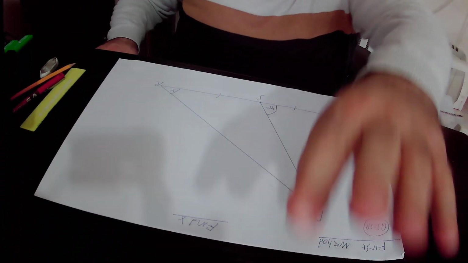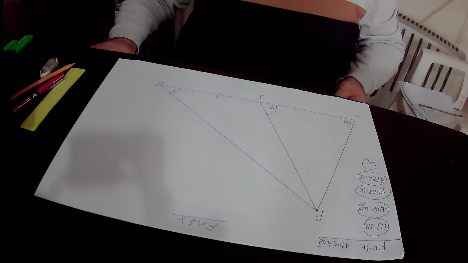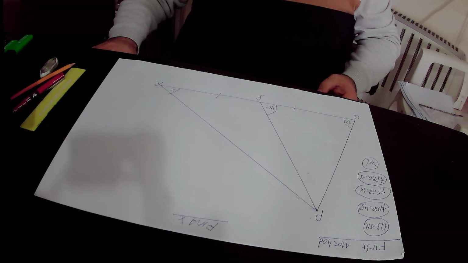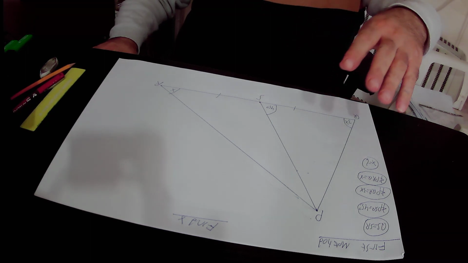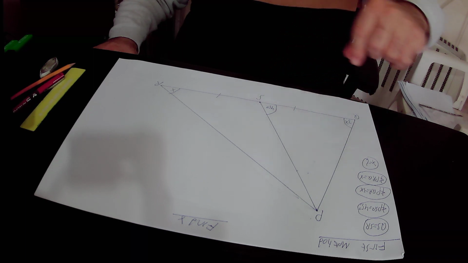Hello, in this lecture we will find out the value of angle x and we will solve the question using two different methods. In the drawing we have triangle PQR.